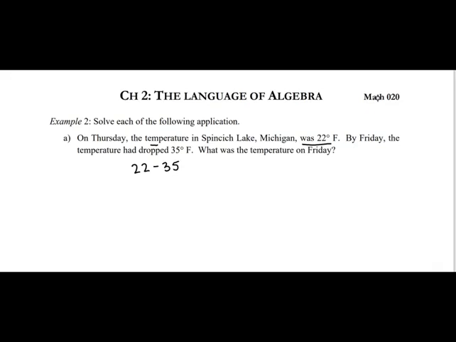So I'm going to insert the plus between the two numbers, 22 and negative 35. 22 plus negative 35. All right. 35 is the bigger value, so I'm going to have the negative result. And the difference between 35 and 22 is 13. So the resulting temperature on Friday is negative 13 Fahrenheit.